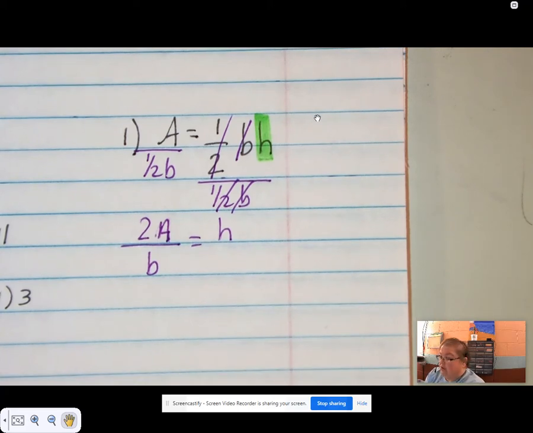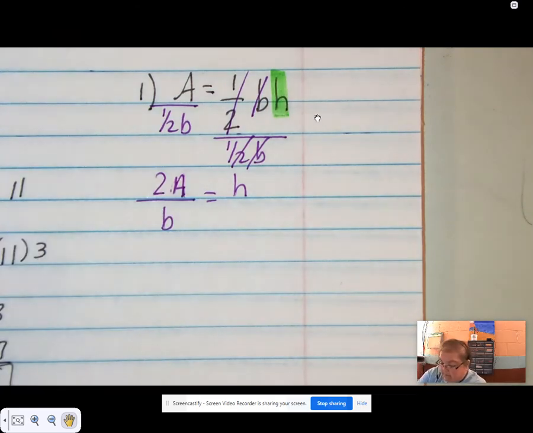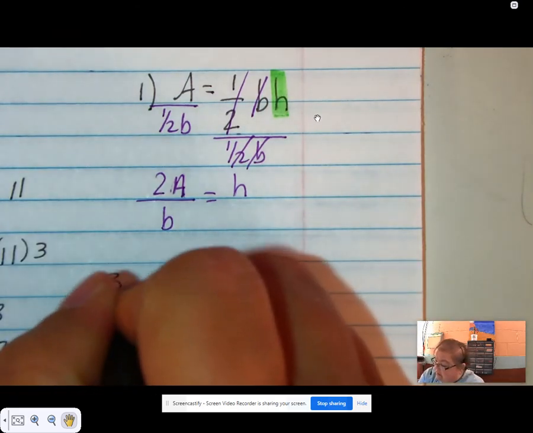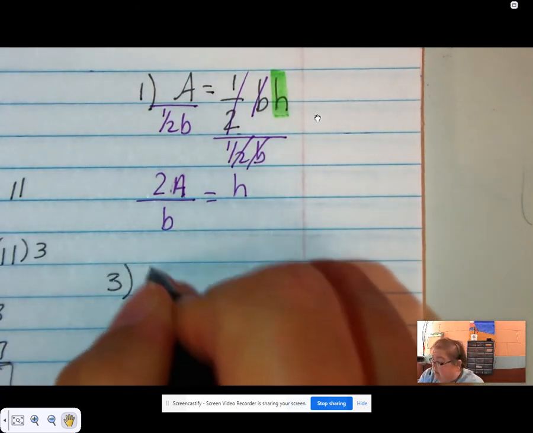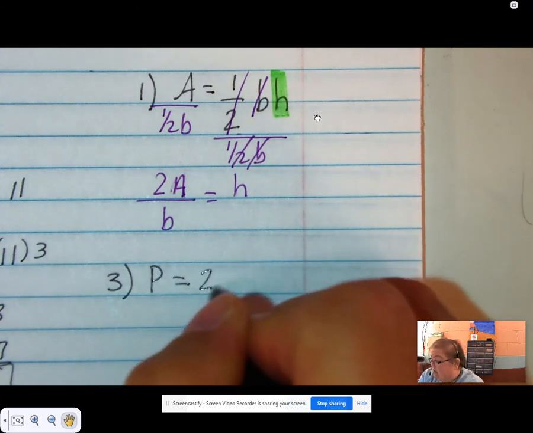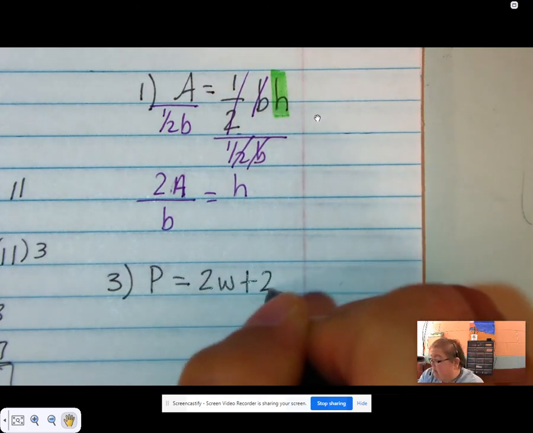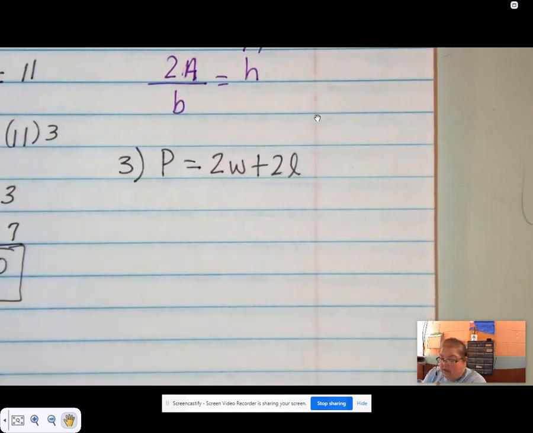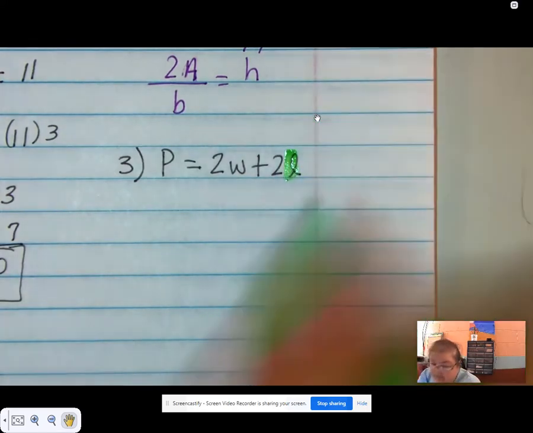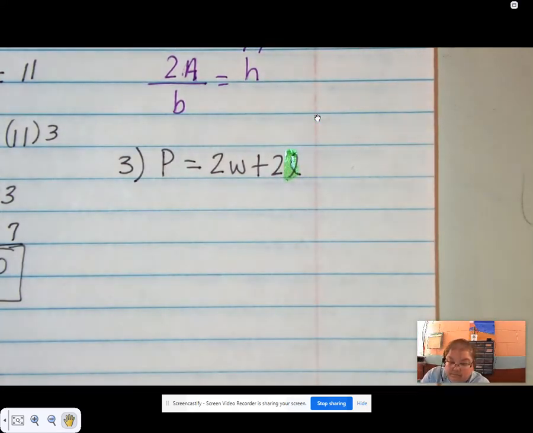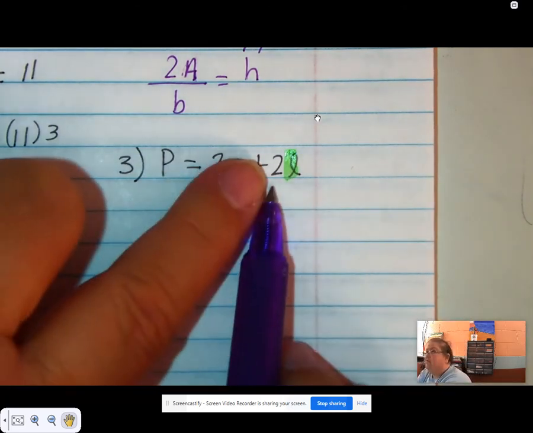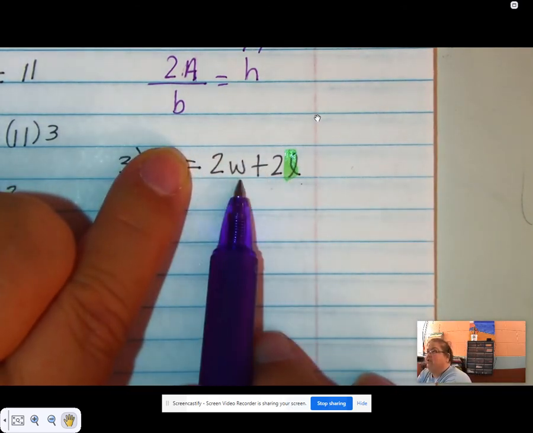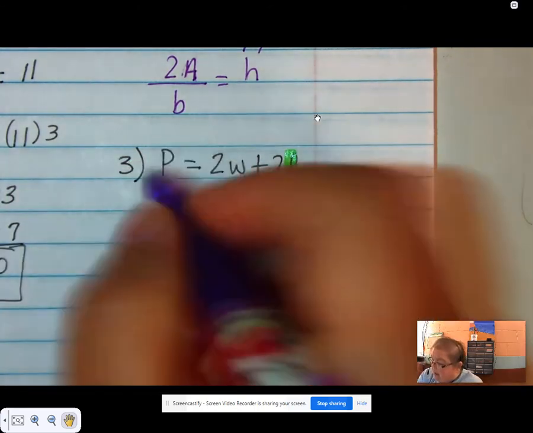Okay? We're going to look at number 3. P equals 2W plus 2L. And this time, we're solving for the L. Okay? This is multiplication, this is addition, so get rid of it first.